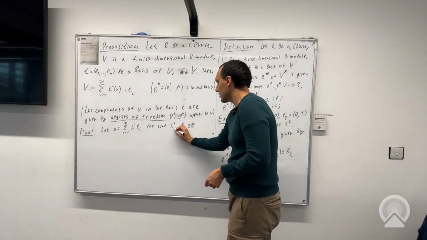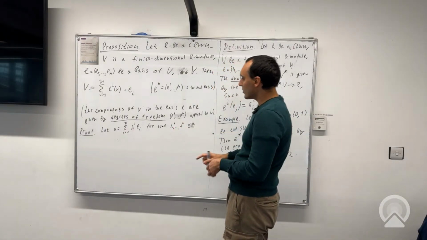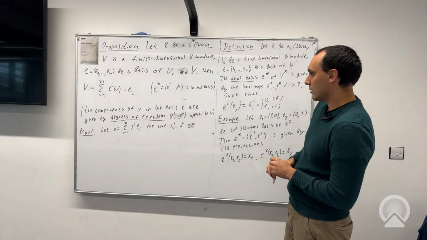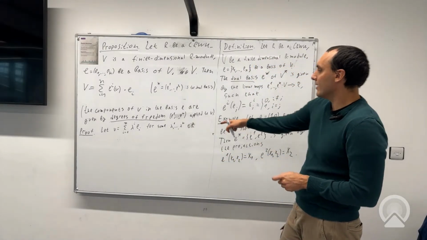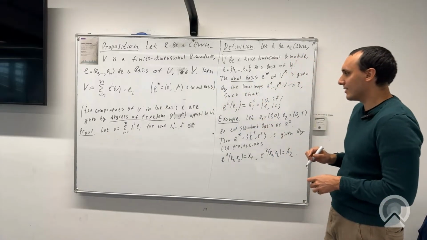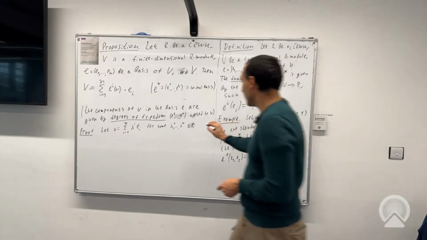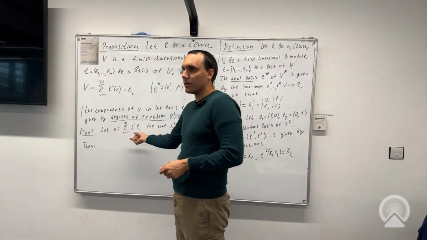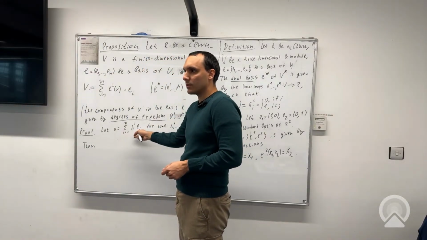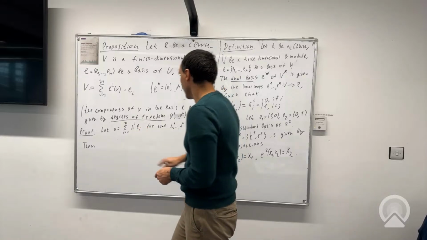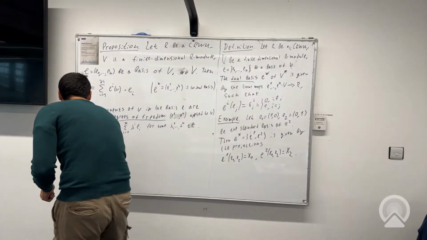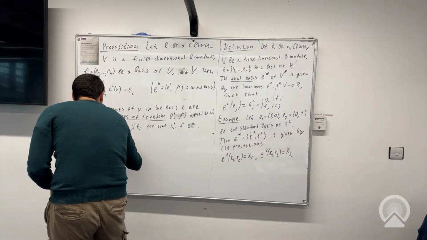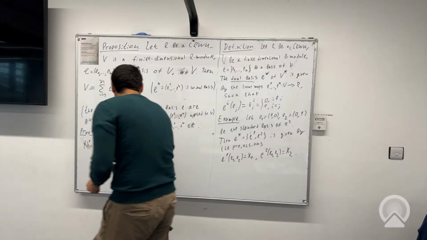This is tensor notation, so we distinguish between upper and lower indices. Real numbers or elements of the ring? Yes, elements of the ring. Because this is a basis, it has a unique decomposition, so lambda^1, ..., lambda^n are unique and exist because it is a basis.